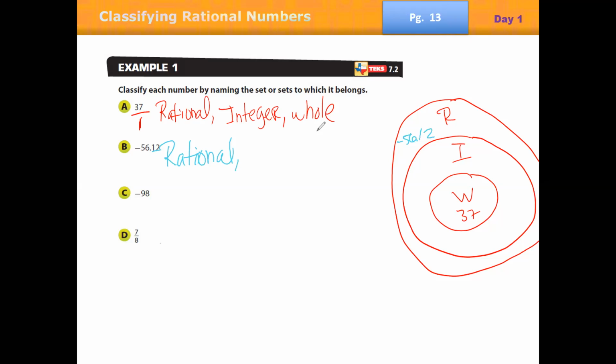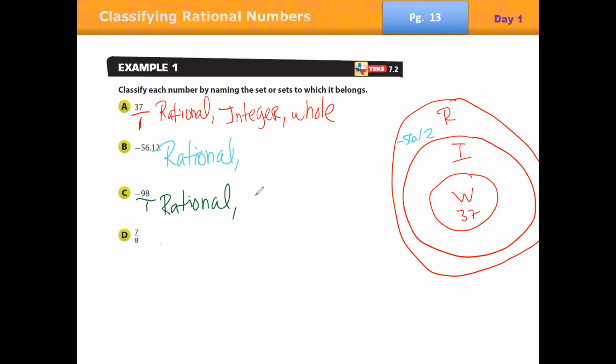Now let's look at the next one. Let me change the color. We have negative 98. So remember, let's think about rational numbers as fractions. Can I turn this into a fraction? Absolutely. You can just put it over 1, making this a rational number. Can I label it an integer? Well, it is a whole number with its opposite. So if I were to take off that negative, that would be 98.